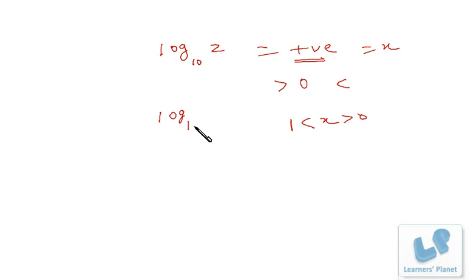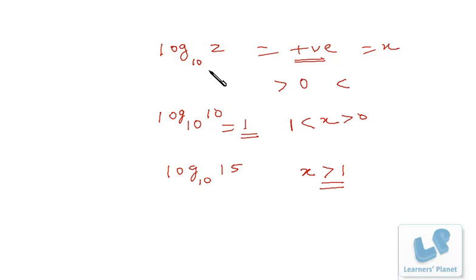Similarly, log 10 to the base 10 is 1. And the third thing, log of a number greater than 10, say 11 or 12 or 15, whatever, to the base 10, x will be greater than 1, right?